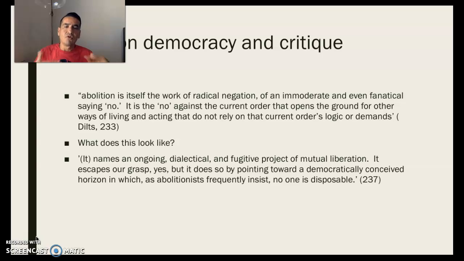That last part, no one is disposable. We don't exist in that world. In the United States, some bodies are disposable. This is why we have this contestation with people making demands to their human worth and dignity.